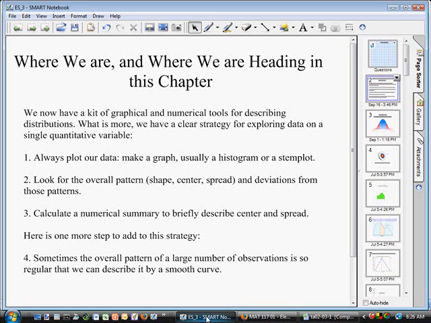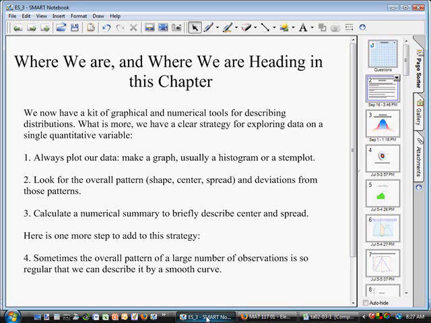It says number 2, look for an overall pattern. Sometimes the spread is a big deal. And if you got a really short, wide distribution, that tells you stuff too. We also learned how to calculate in Chapter 2 the center and the spread using all kinds of neat things.